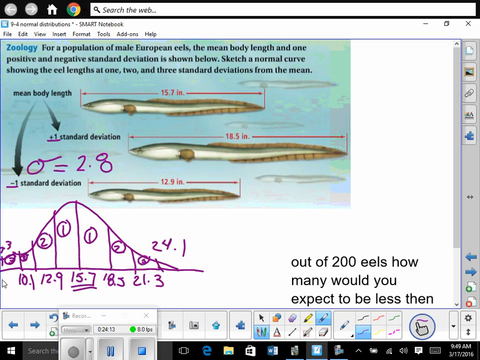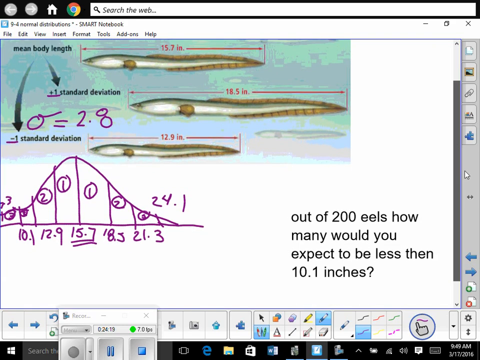So the question is, out of 200 eels, how many would you expect to be less than 10.1 inches? So let's look here. Isn't that past this? Below, and that was our 3rd standard deviation, right? So what's below 3 standard deviations? What percent?